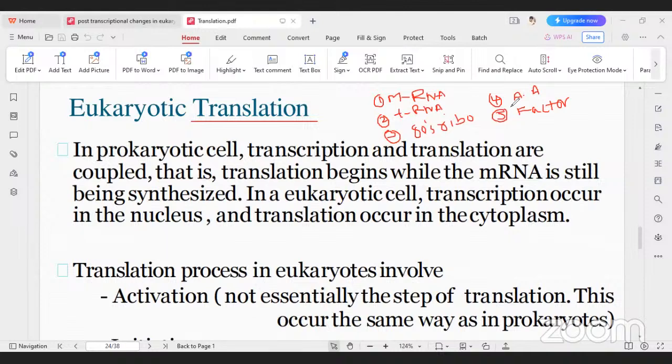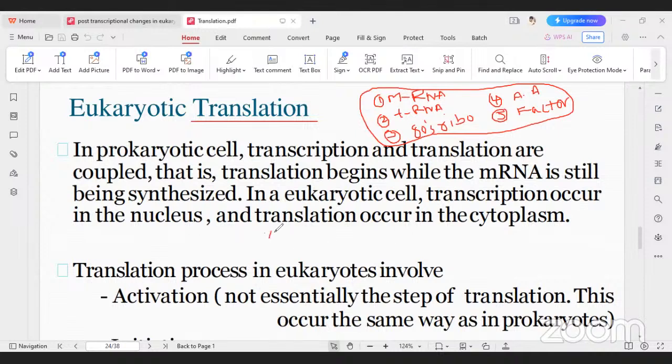Before the initiation, some steps also exist in eukaryotic translation. First of all, you should know the requirements for translation. This is the first step. The next one is activation of amino acid in tRNA. This is part of initiation.